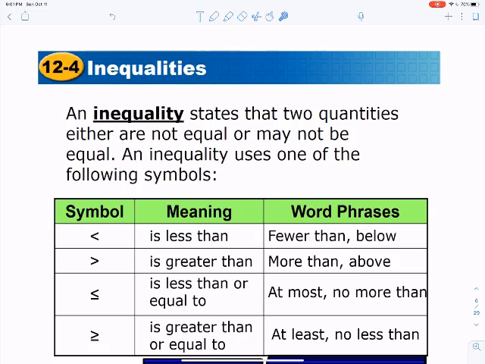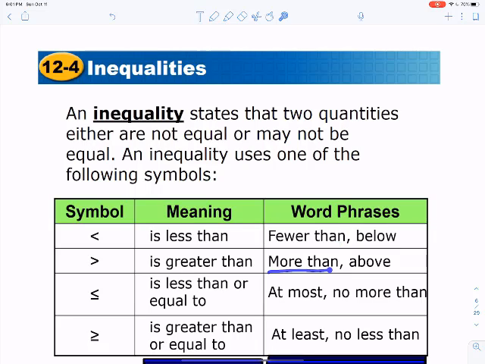Now it says an inequality uses one of the following symbols. This first symbol right here is called a less than symbol. This second symbol is called a greater than symbol. The third one is called a less than or equal to, and the last one is a greater than or equal to. Some words that represent each of these symbols: for less than would be fewer than, below.